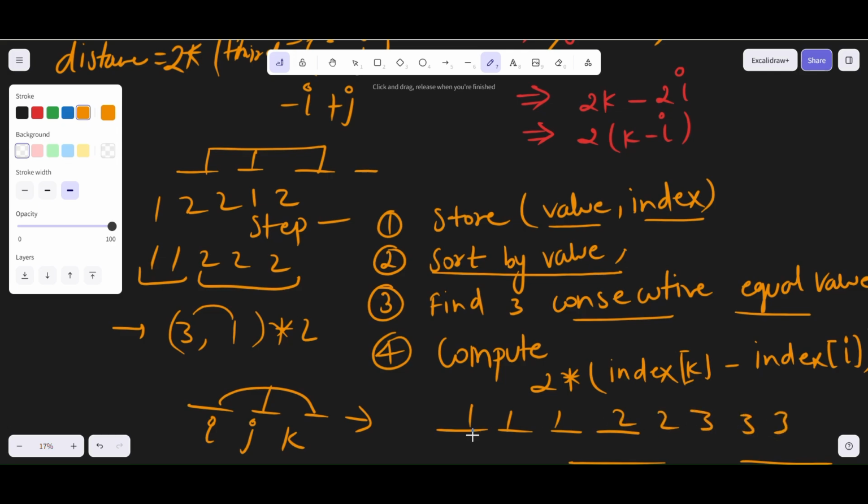We check if all three values are equal, then this can be the minimum distance. Every three values we will check, and at the end we will take the minimum of all these cases.